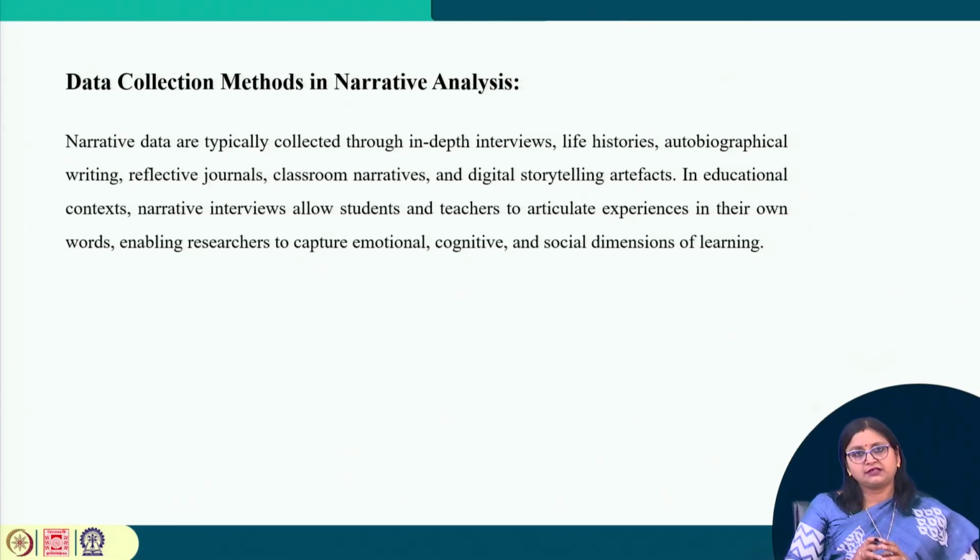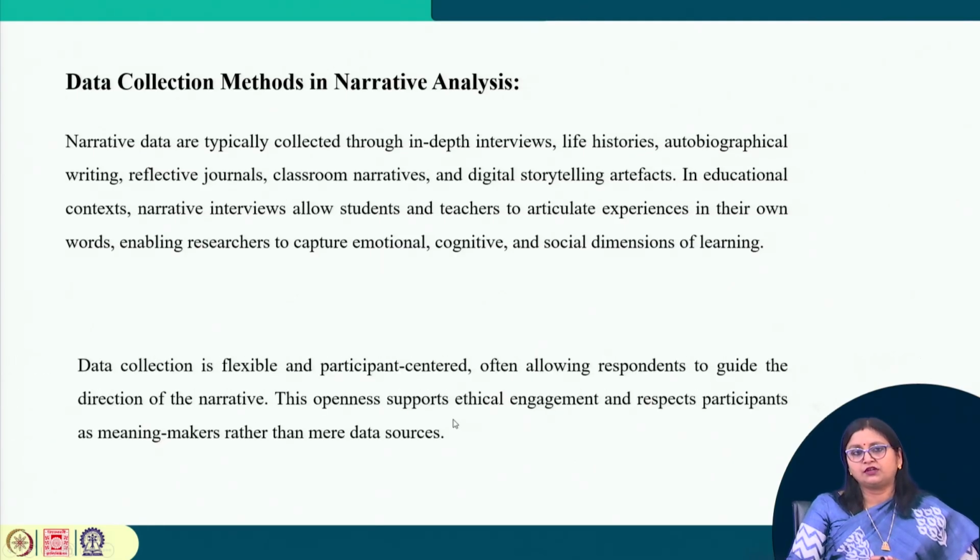Narrative data are typically collected through in-depth interviews, life histories, autobiographical writing and reflective journals, classroom narratives and digital storytelling artifacts, etc. In educational contexts, narrative interviews allow students and teachers to articulate experiences in their own words, enabling researchers to capture emotional, cognitive and social dimensions of learning.